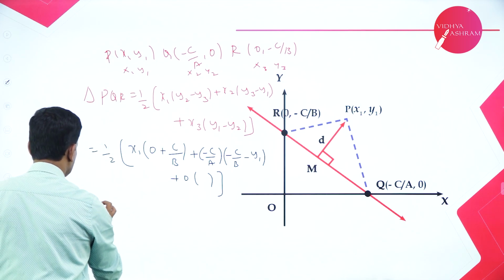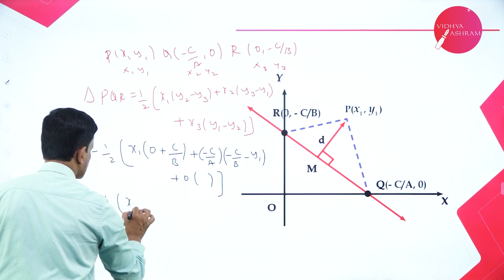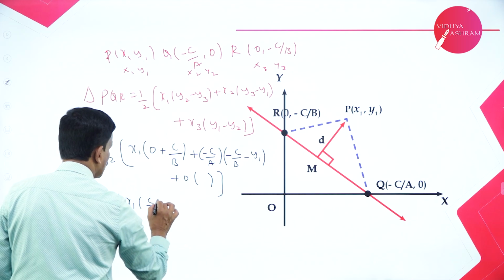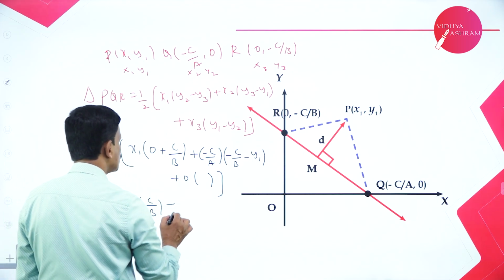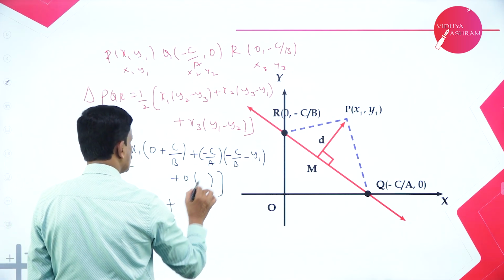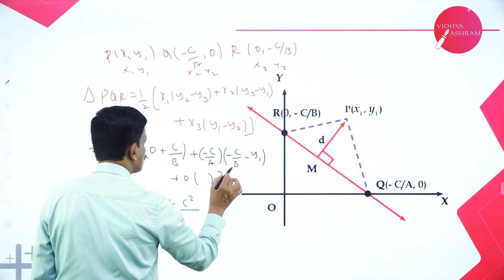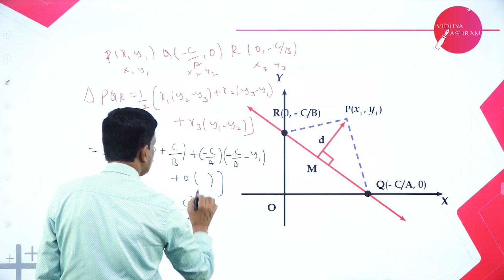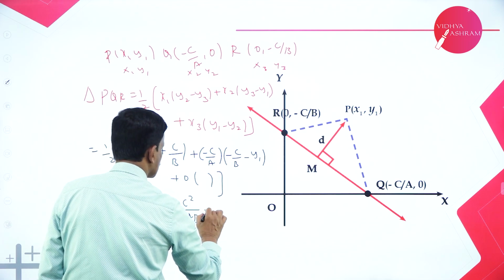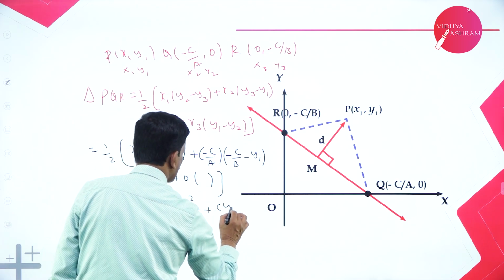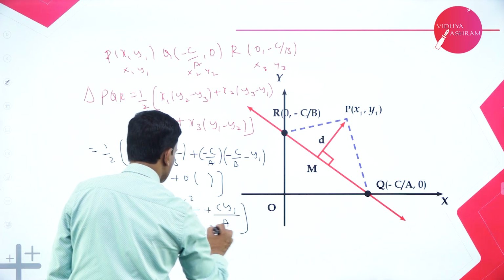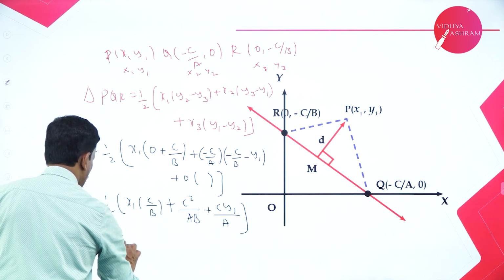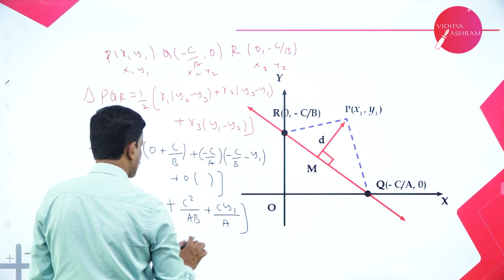Now this is equal to half into x1 into c by b. Again this is multiplied, minus into minus plus, c into c is c square divided by ab. Again minus into minus plus, c into y1 divided by a. Now this can be written as half into, just take LCM.